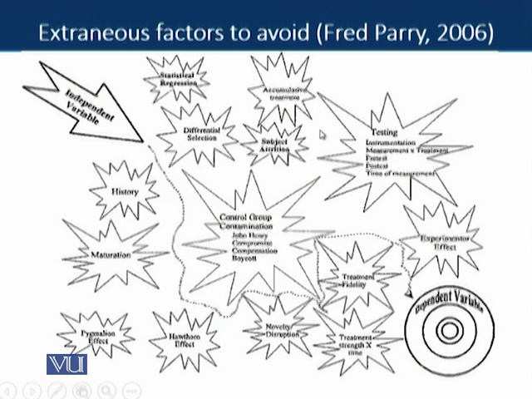So all these extraneous factors are to be avoided if you want to make it a valid study internally and externally. So it is an important requirement from the researcher that whatever change takes place in the dependent variable is only and only due to the influence of the independent variable. And in order to make sure of this, we as researchers are required to avoid all the rest of these factors.